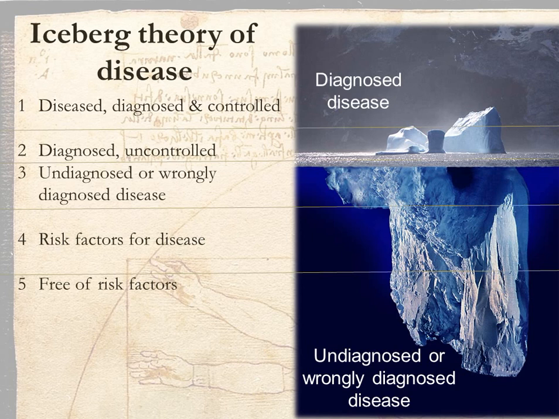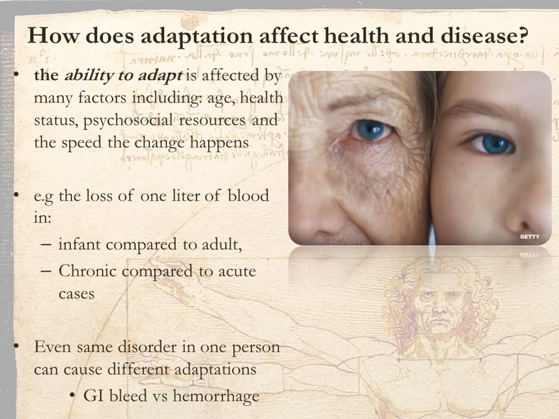There are a lot of people that don't have the disease, but they're basically prepping themselves for the disease because they have risk factors, things like smoking, working in toxic environments, right? And then the healthy population down on the bottom. When you look at breaking down the whole population, they call it the iceberg theory. Only a small percentage of these people will actually have the disease and be diagnosed with it. A lot of people are running around out there without being diagnosed.